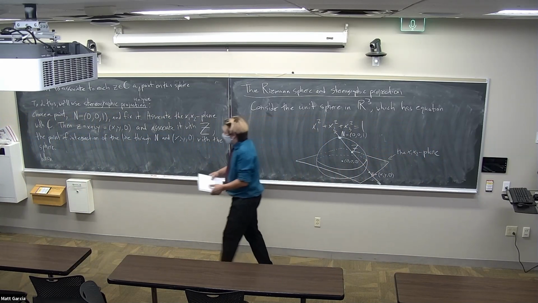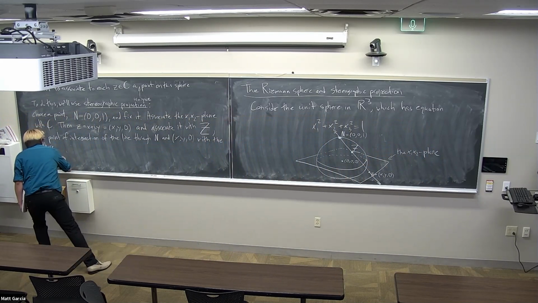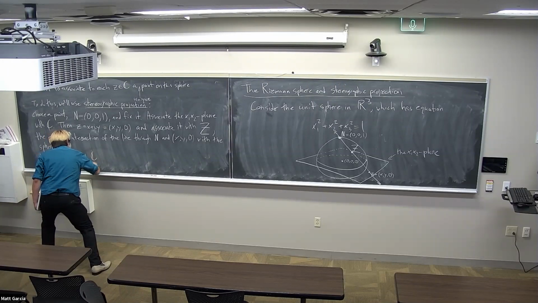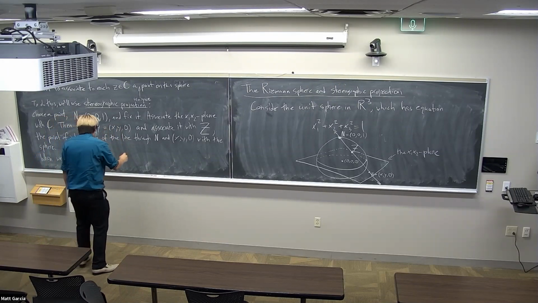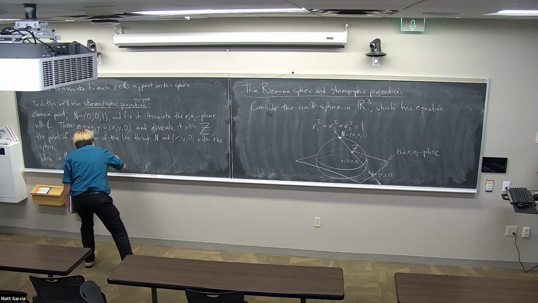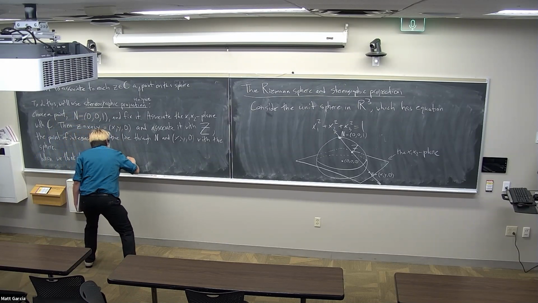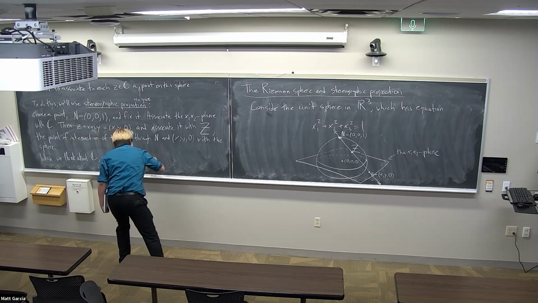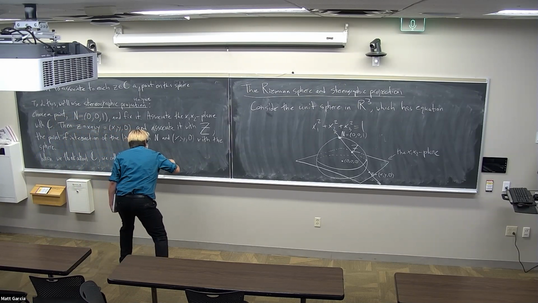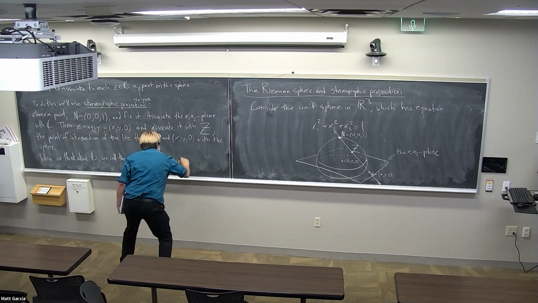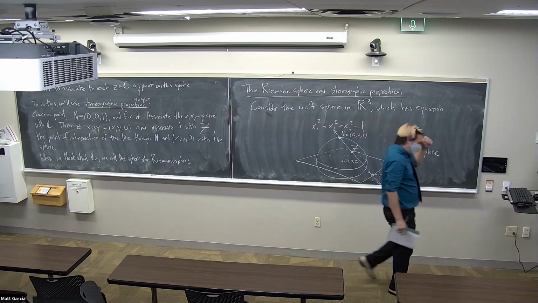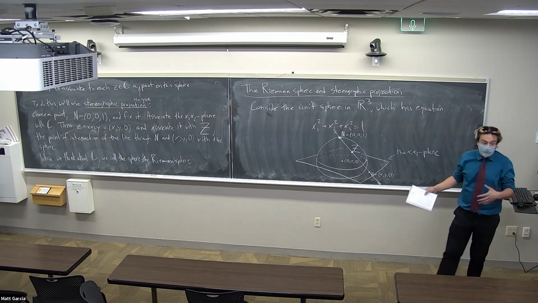But when we think about C and stereographic projection, we call the sphere the Riemann sphere. And he's the first one to use this technique of stereographic projection to represent the complex numbers.